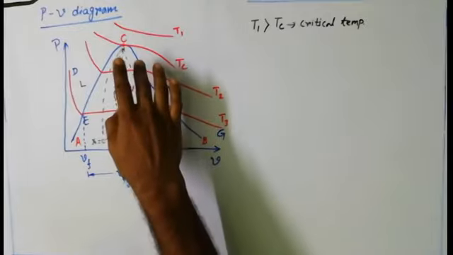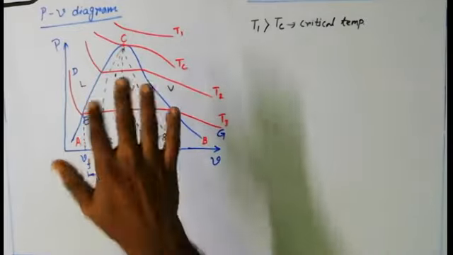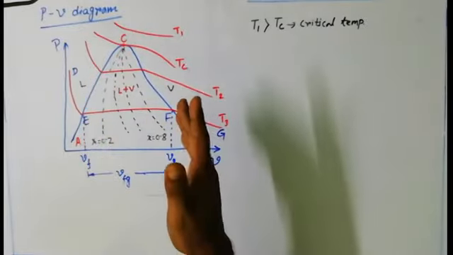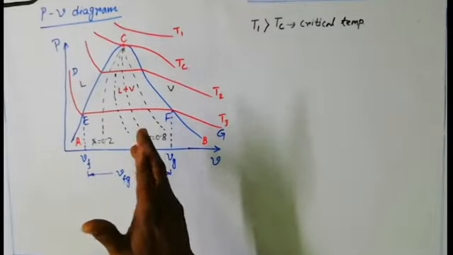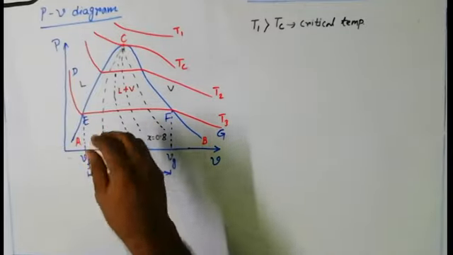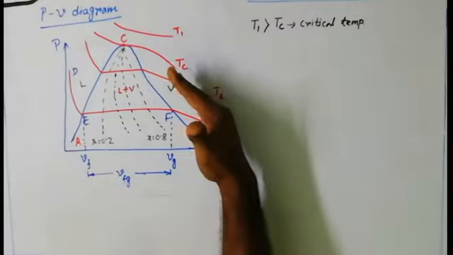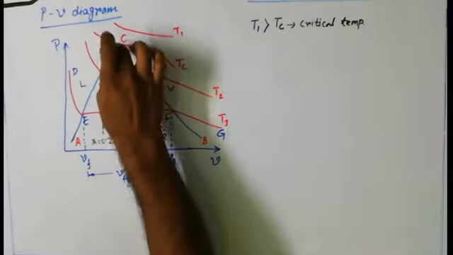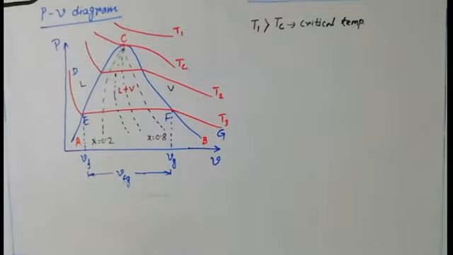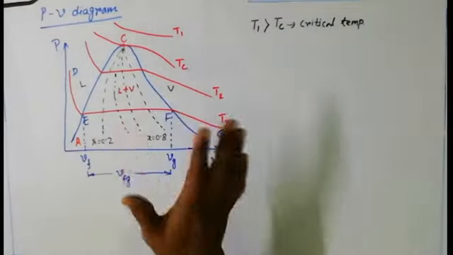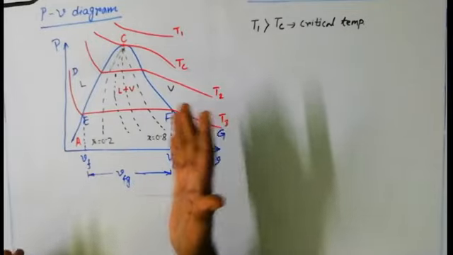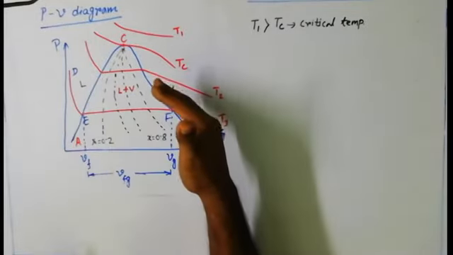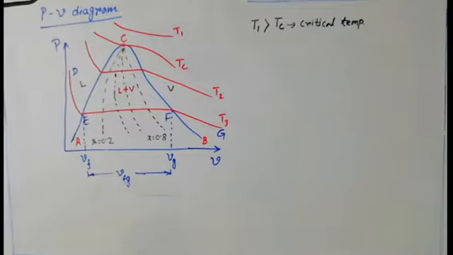So all the properties like specific volume, pressure or temperature are thermodynamic properties, and for the liquid phase as well as the vapor phase, they are going to be identical at the critical point. That's why the critical point is very important.